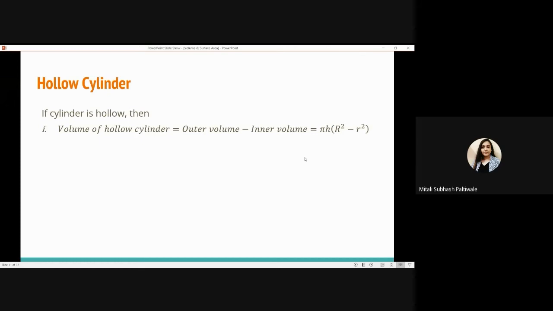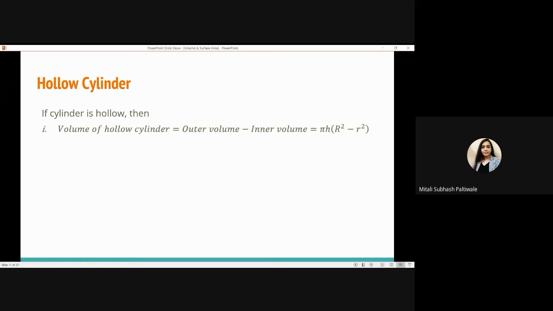Now the same thing comes up with the sphere also: the inner volume and the outer volume of a hollow sphere. There is nothing inside the sphere, like a tennis ball which has nothing inside it.